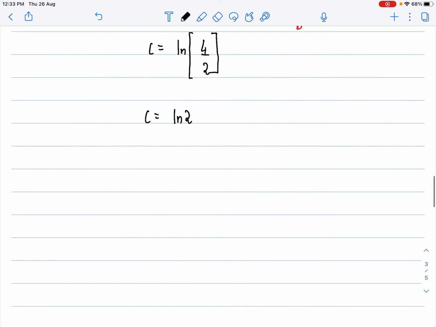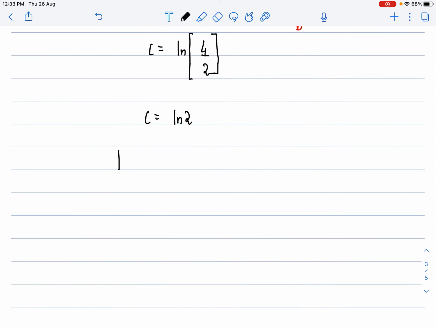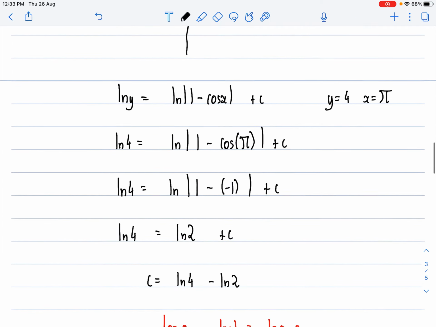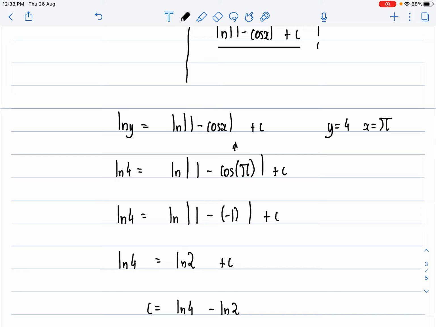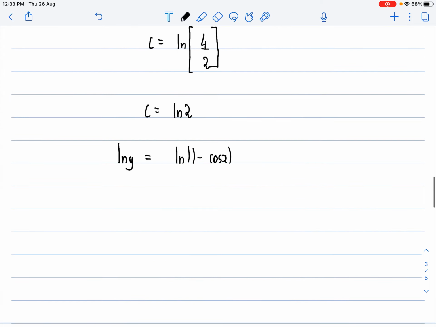Correct? Now I can write this as ln y equals ln(1 minus cos x), as we had here, but instead of c here, I write plus ln 2.